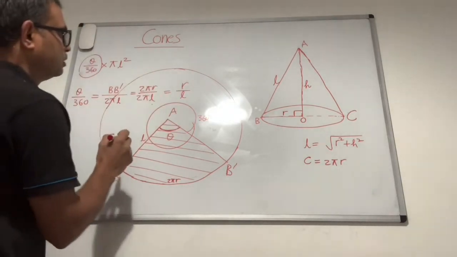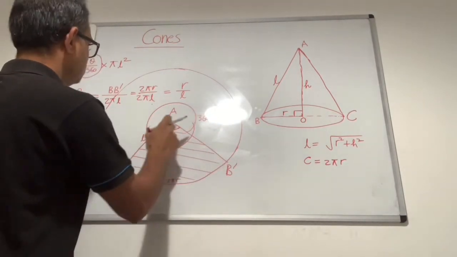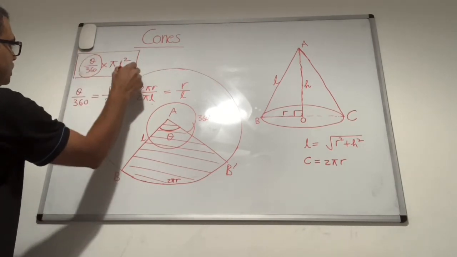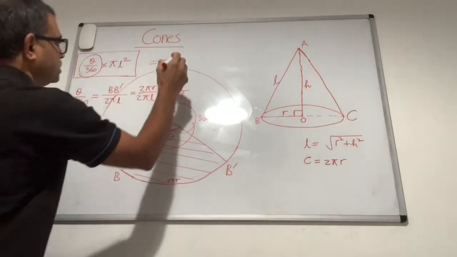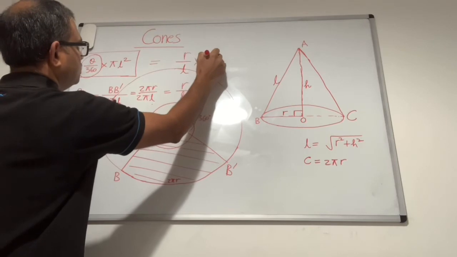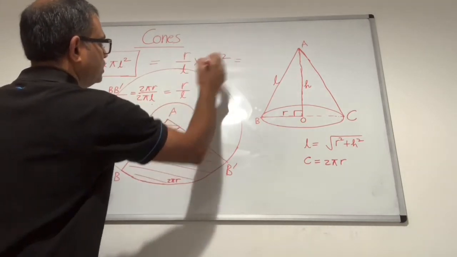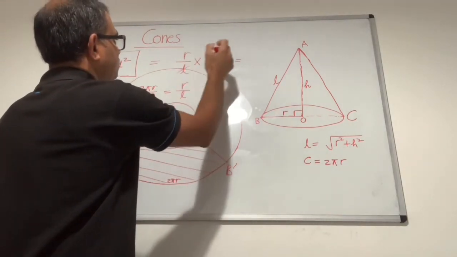So see here, what would be the area of this sector? Let's replace theta by 360 by R by L. R by L into pi L square. And what does it come out to be? If you simplify, L would cancel to the square.